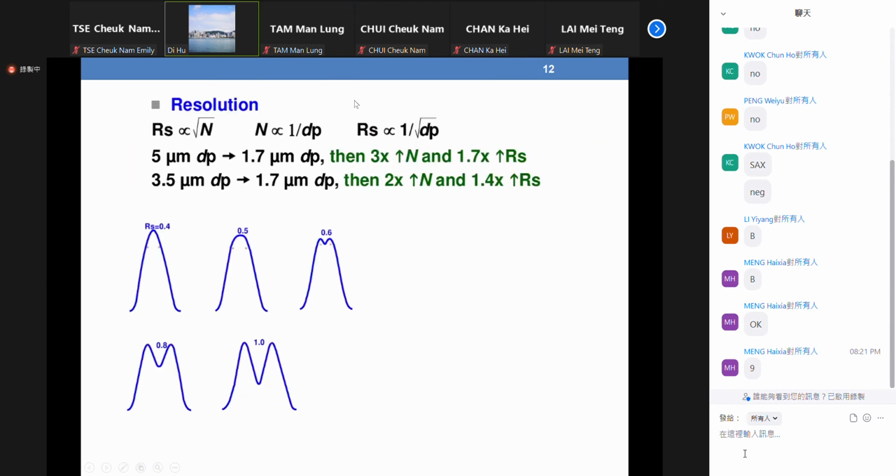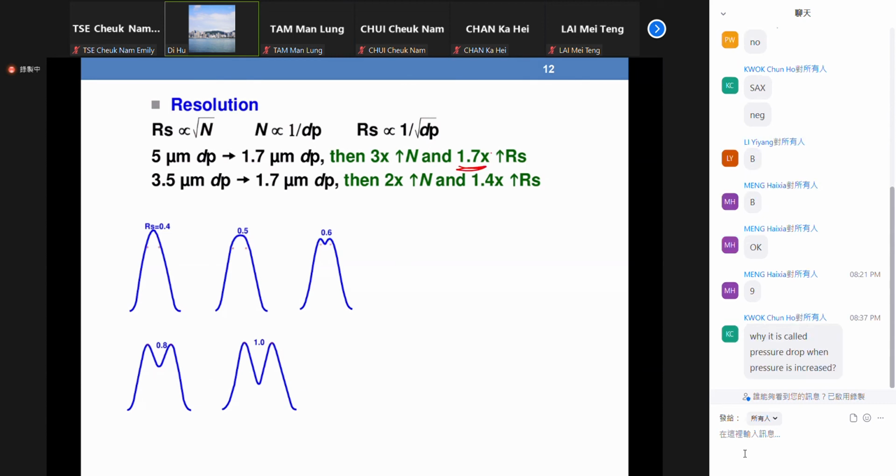This gives you a more straightforward view of what happens if the resolution increased by 1.7 times, and how that influences the pressure drop, meaning the difference of pressure across the whole column.